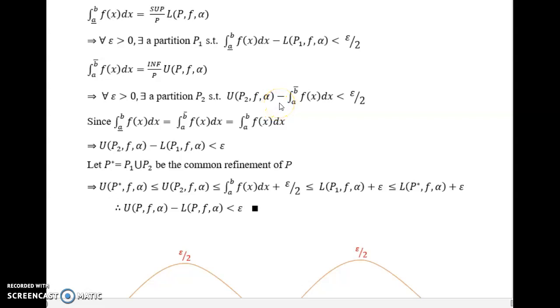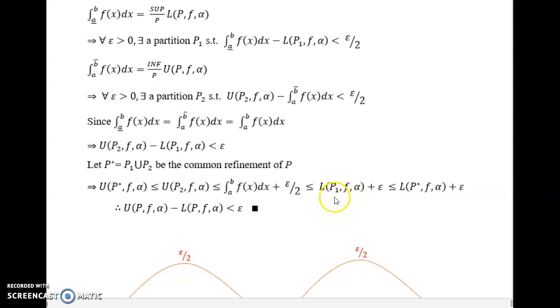Then next, with a little more rearranging of terms, we can arrive that this integral plus epsilon over 2 would be less than or equal to the lower sum of P1 plus epsilon. And the way I arrived at that argument was back here on this line, again rearranging some terms, adding the lower sum over to the right here, subtracting epsilon over 2, and then I just added epsilon to both sides. That way my left-hand side now was this, and of course that makes the right-hand side here.